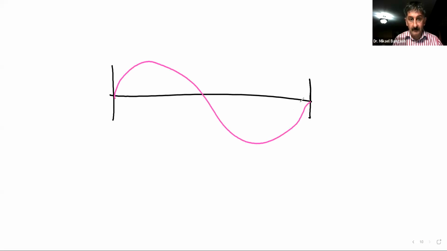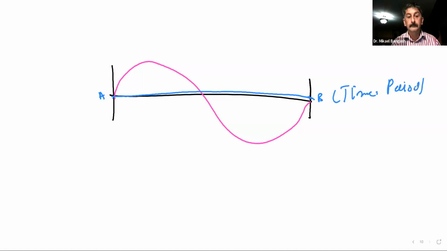When we measure the time from A to B, or from the beginning of the wave to the end of the wave, when we measure this in time, that is going to be called the period of this wave. Did that make sense? Yes. Good.